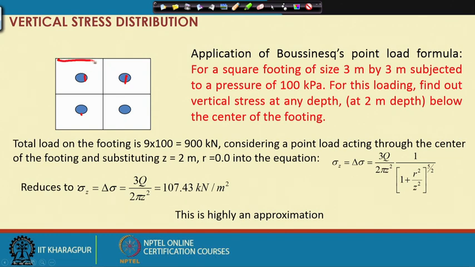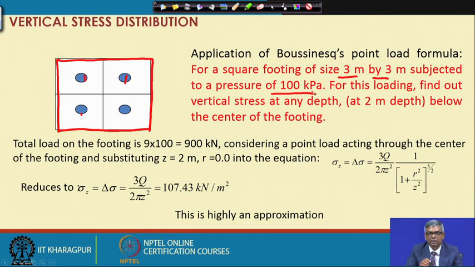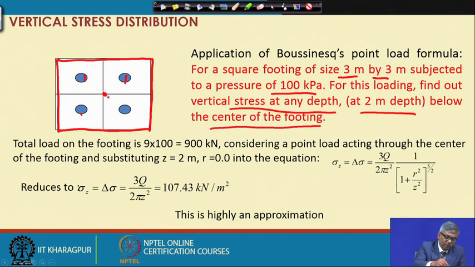You can consider this is the foundation, a square foundation, and suppose the dimension is 3 meter by 3 meter, and suppose the load applied is 100 kilonewton per meter square, that is kPa. For this loading, find out the vertical stress at a depth of 2 meter below the center of the footing. So I want to find out the stress vertically below the center of the footing. That is my requirement.